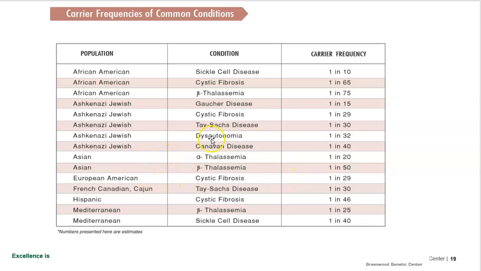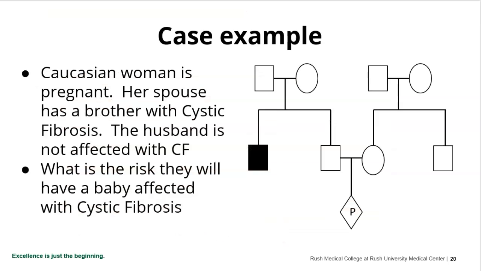And individuals of Asian descent are higher at alpha and beta thalassemia. We also see Tay-Sachs in the French Cajun population. And then beta thalassemia is higher in the Mediterraneans. But everybody has what's their higher risk or lower risk.